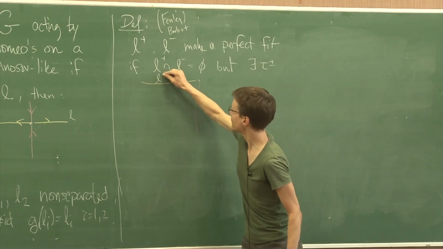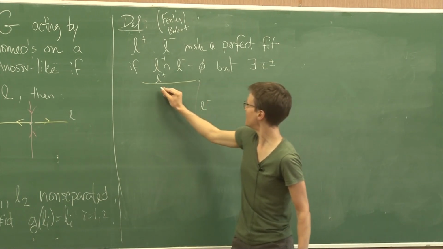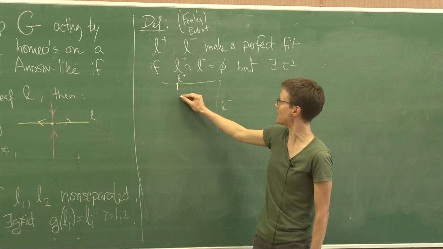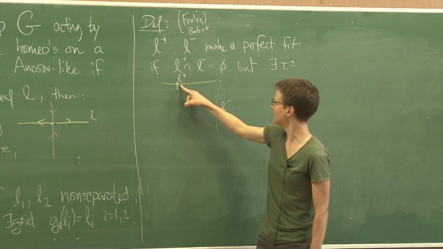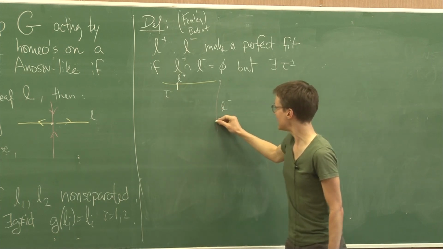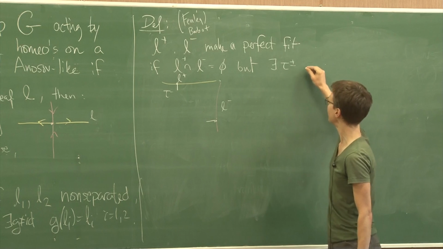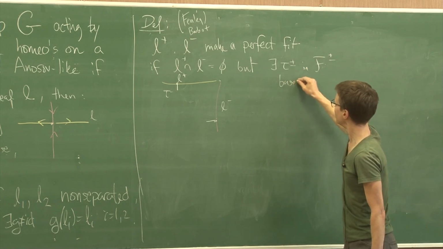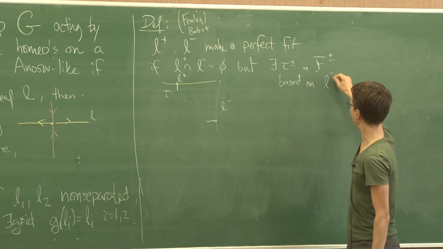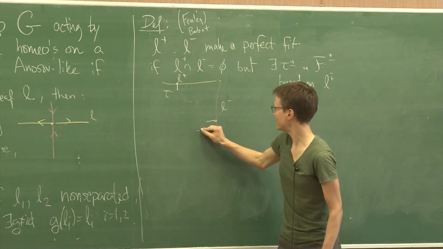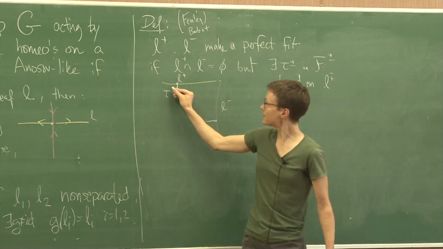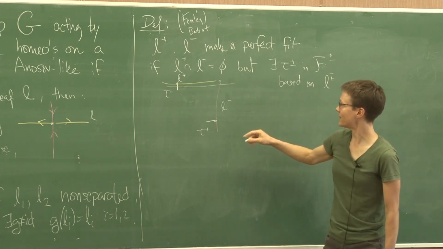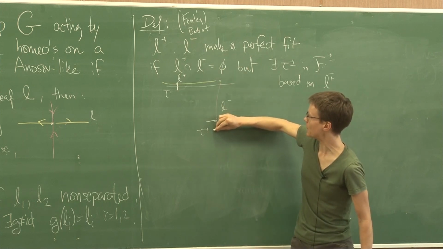So here's L plus, here's L minus. There's a T minus little leaf segment in the other foliation based on L plus, and a T plus based at L minus, so that any leaf that intersects T minus also intersects L minus, and the same with T plus and L plus.